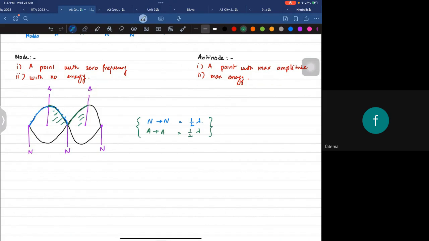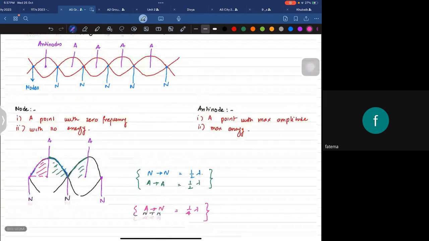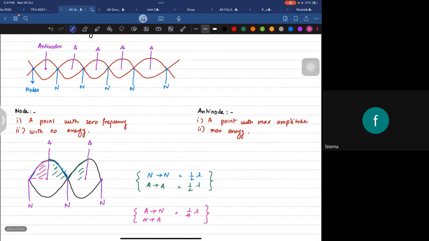But the distance between a node and an antinode is just a quarter of lambda. This is very important later on when we solve questions. So please draw this and let me know if you have a question.